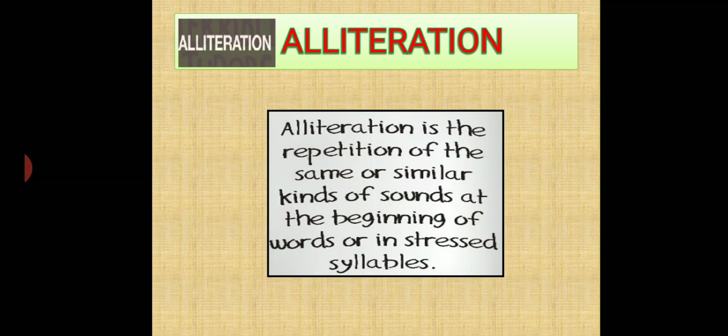Next is your alliteration. So, what is an alliteration? Alliteration is the repetition of the same or similar kinds of sounds at the beginning of words or in stressed syllables. That is the starting of the particular word. For example, she saw shells at the seashore.